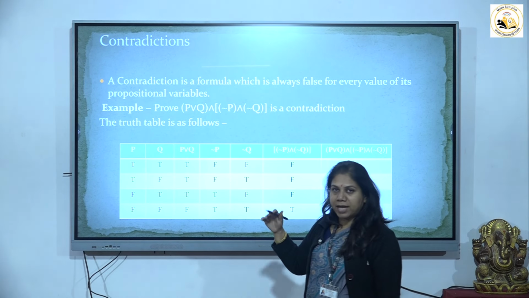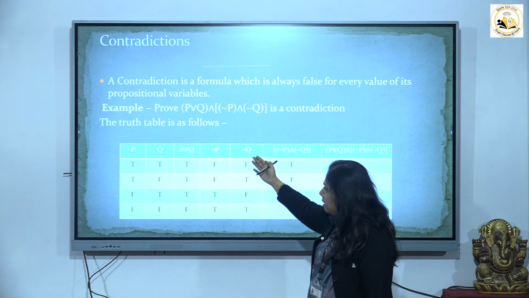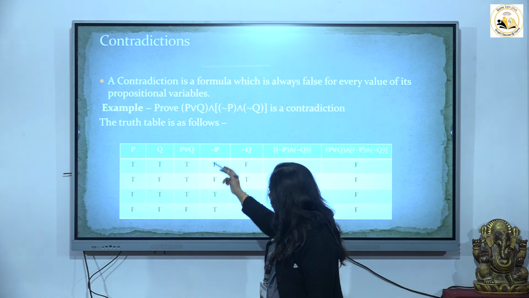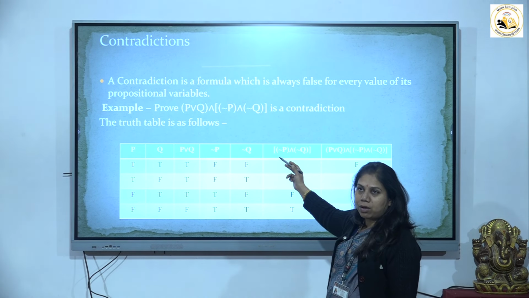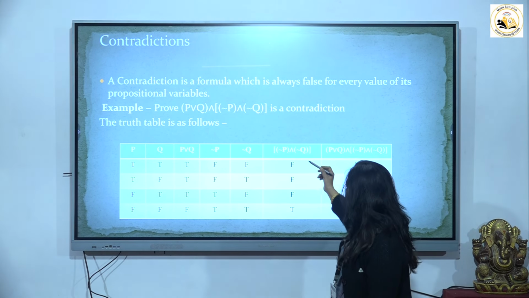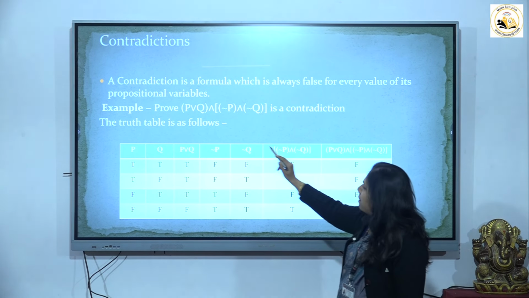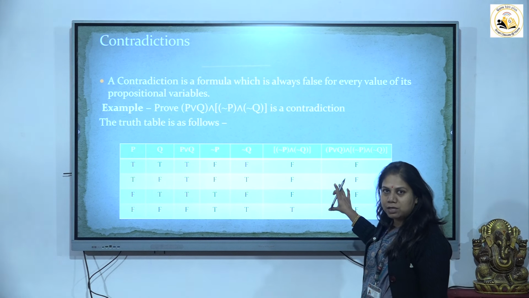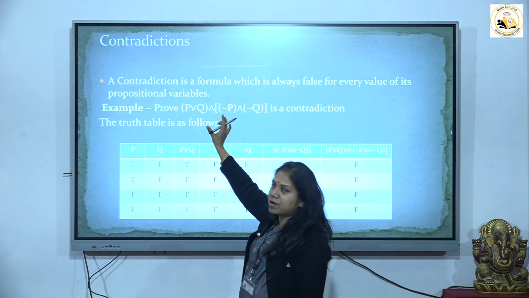For explaining this, I took an example here and again made its truth table: P, Q, P or Q, negation P, negation Q, then combining these single propositions by connecting them with AND. The AND result gives false, false, false and true, and then the final combination of results gives false. So, its final table is false. So, this combination of propositions is a contradiction.